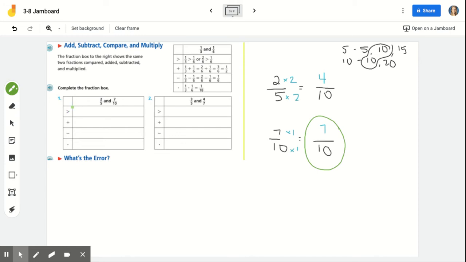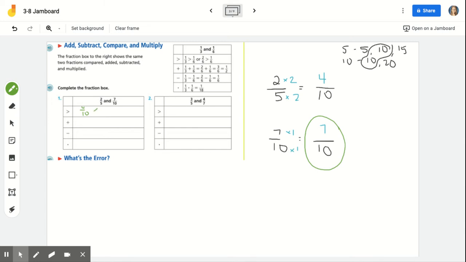And what we're going to write in our fraction box into our book is I'm going to rewrite the two equivalent fractions that we use. We said that 2/5 was equal to 4/10, so rewrite out 4/10. And we said 7/10 is greater than 4/10, so I'm already going to put in my equivalent fraction.